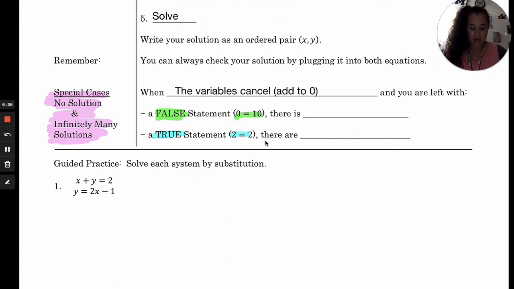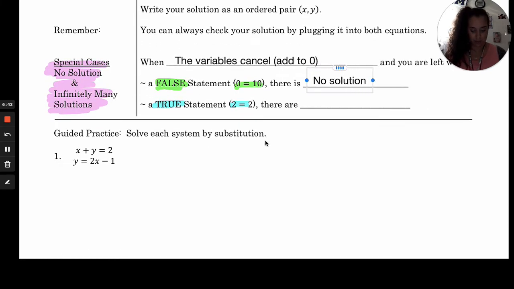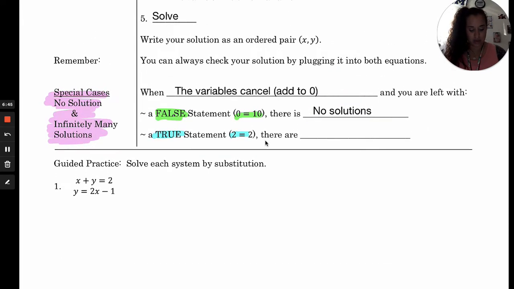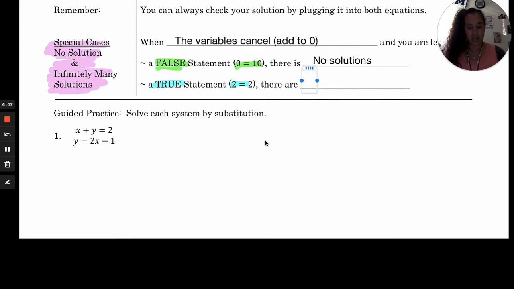If we're left with a false statement, there are no solutions. If we're left with a true statement, there are infinitely many.